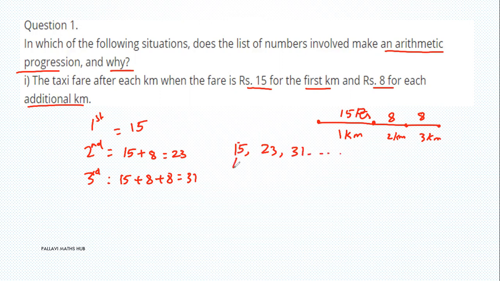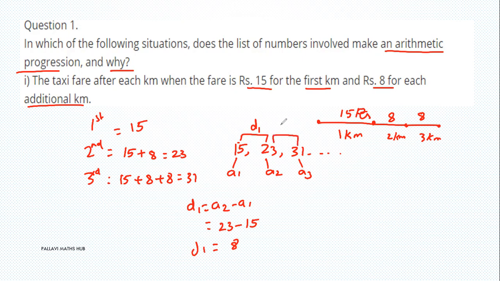Now consider this one as A1, this one as A2, this one as A3. Now find the common difference, D1. D1 is equal to A2 minus A1. A2 is 23 minus A1 is 15, which is equal to 8. Similarly, find D2. D2 is equal to A3 minus A2.